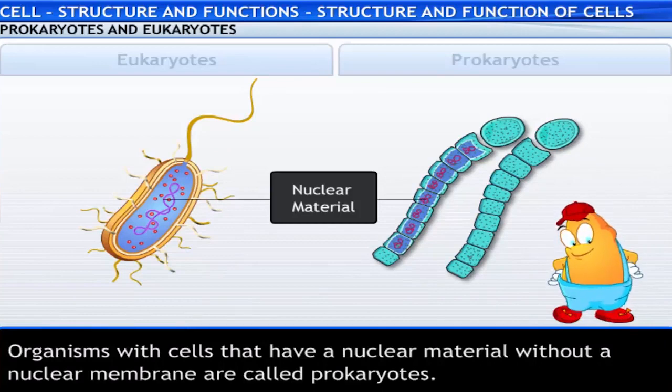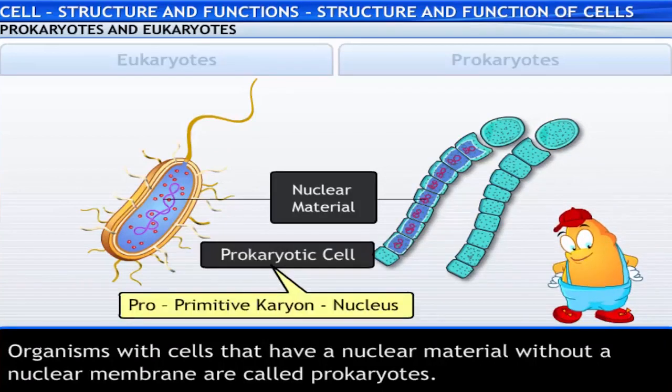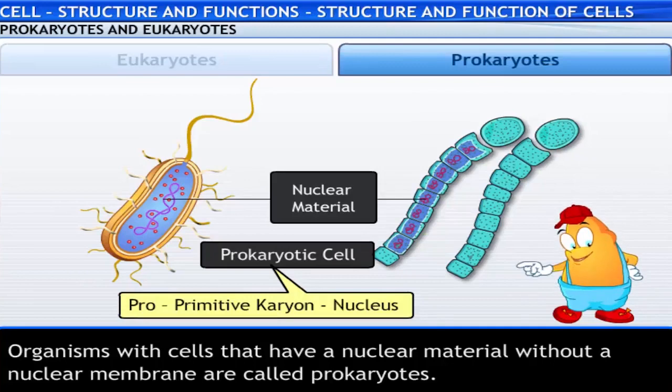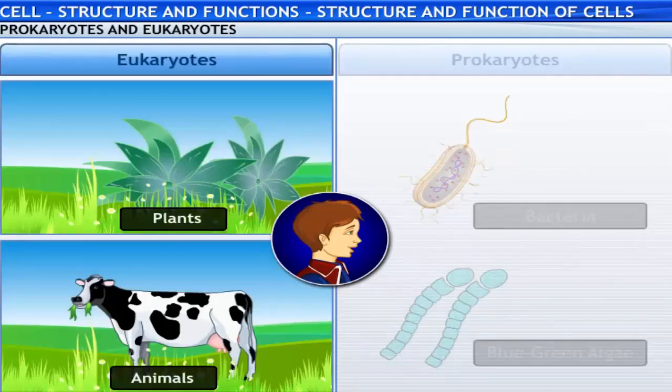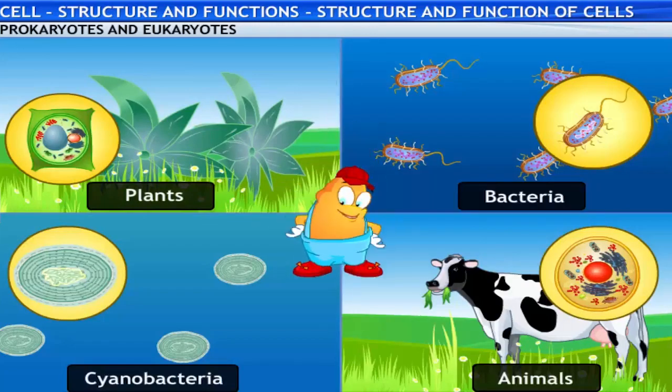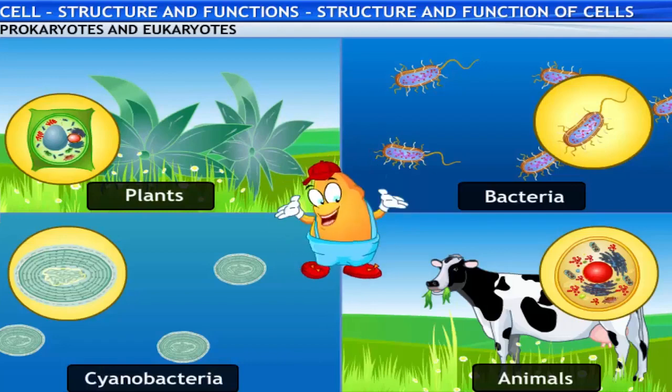Such cells are called prokaryotic cells. Organisms that have prokaryotic cells are called prokaryotes. So, all organisms other than bacteria and blue-green algae are eukaryotes. That's correct. So, the structure of the nucleus in a cell can vary across organisms.